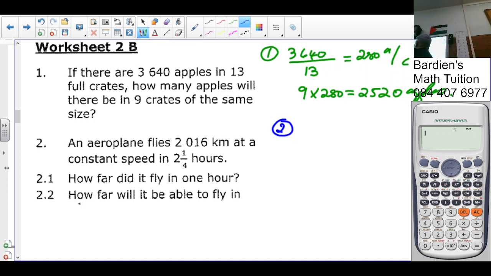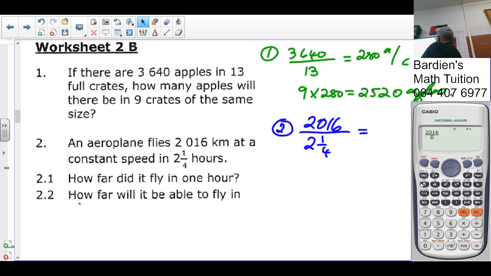Okay, so what do we have? We would say 2,016, so that's kilometers, divided by 2.25 of an hour.